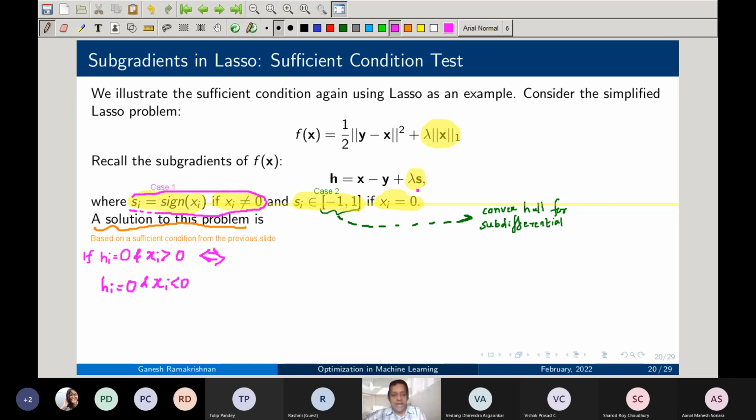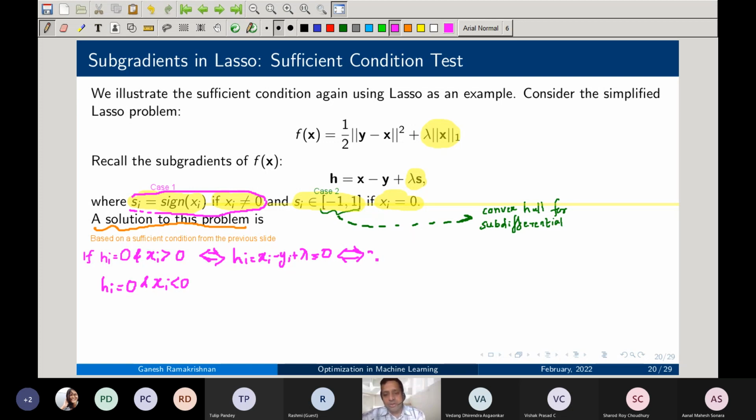Here lambda si is just lambda. So this implies that the first case, hi equal to 0, is xi minus yi plus lambda equal to 0.